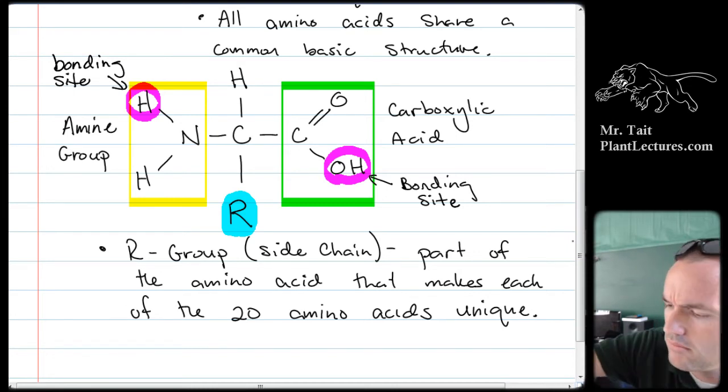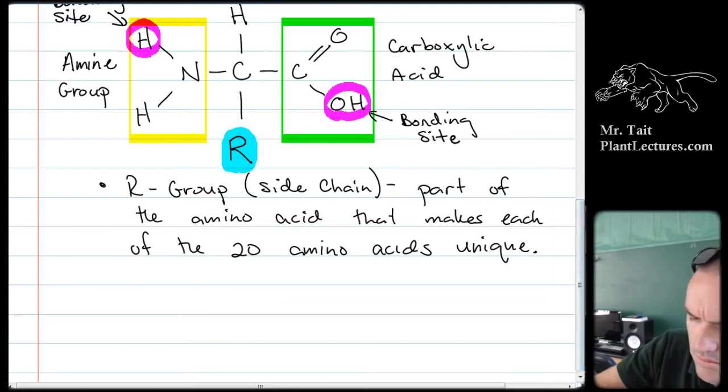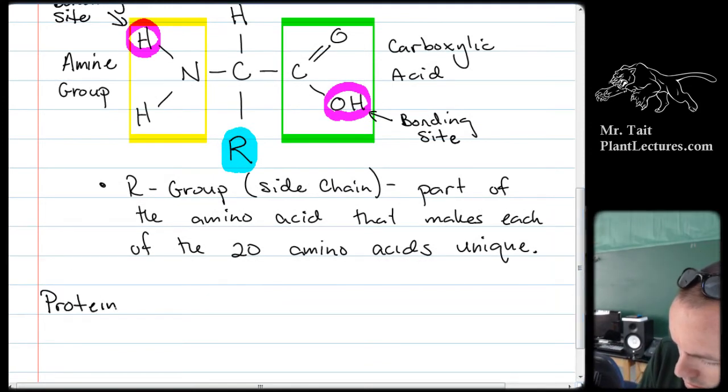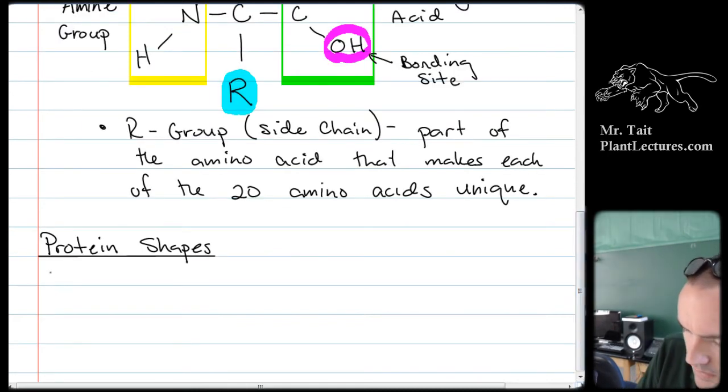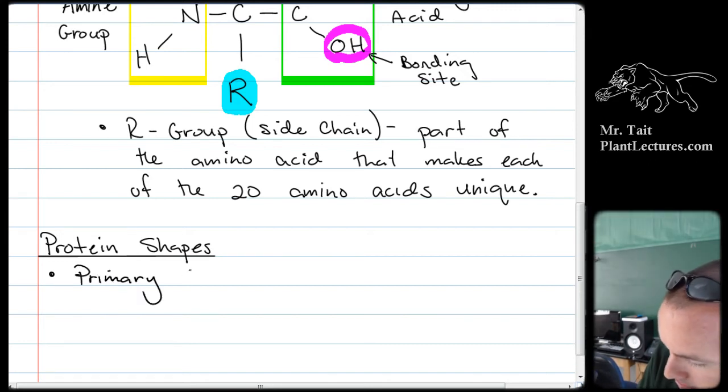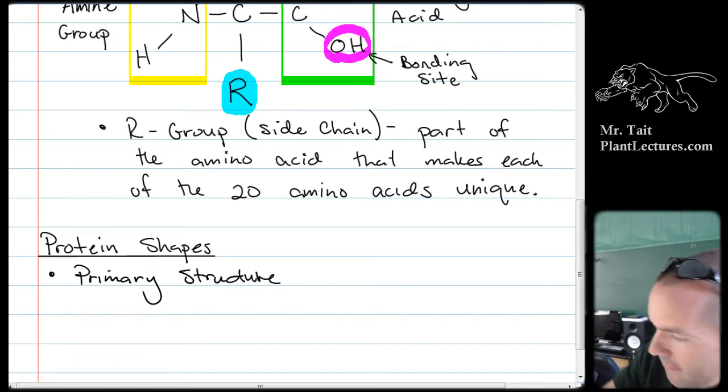Let's talk about the shape of a protein. Okay, there are 4 levels of protein structure. The first one is called the primary structure. Okay, and the primary structure is very simple.